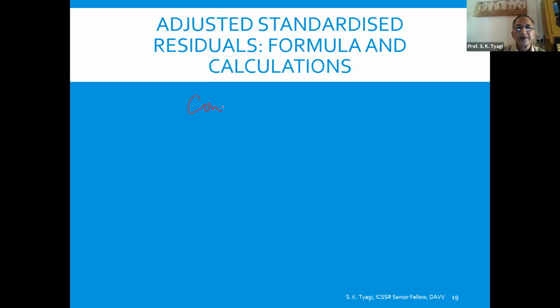Controlling alpha error means multiplying the p-value by the number of comparisons, 9 in this particular case, multiplying p by 9, and then comparing with alpha.